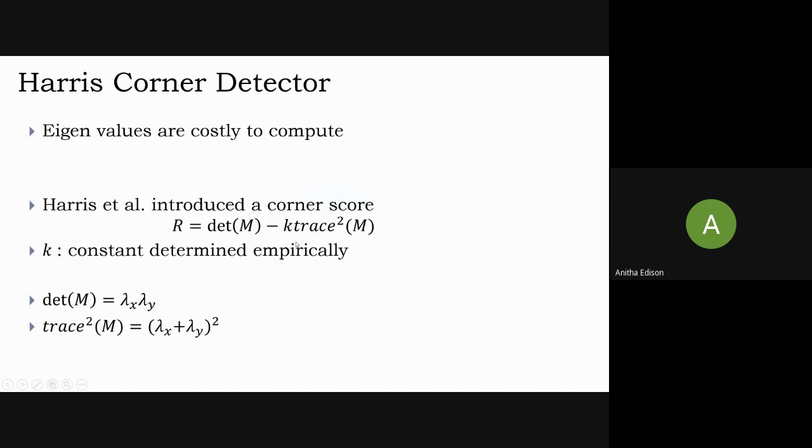K is an experimentally fixed constant. The determinant gives the product of eigenvalues and the trace gives the sum of eigenvalues. It is similar to comparing the eigenvalues, just a score based on the eigenvalues, but it is easier to compute.